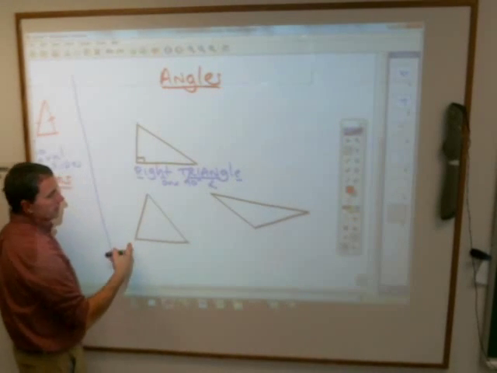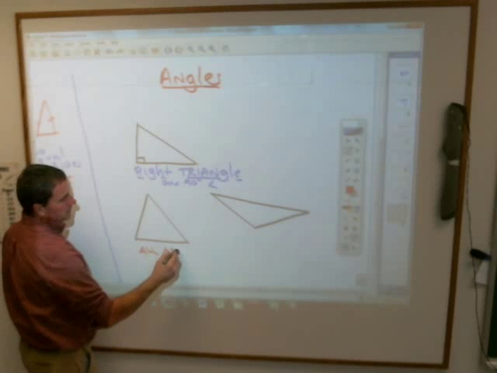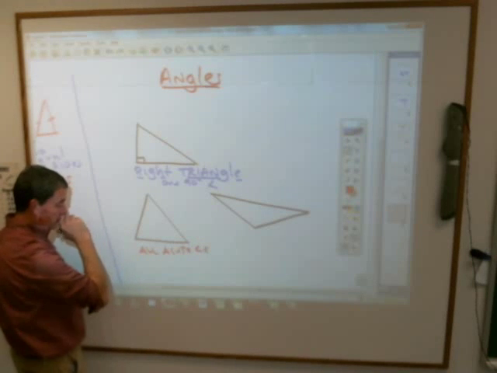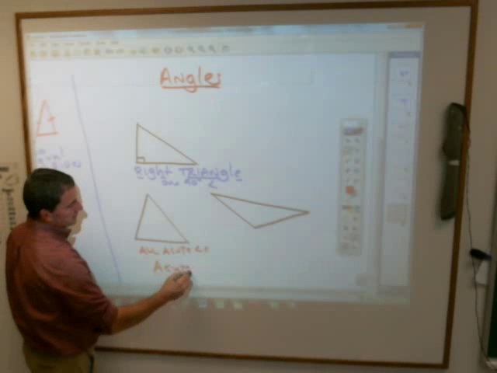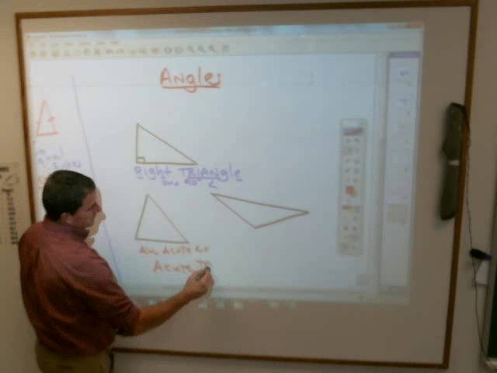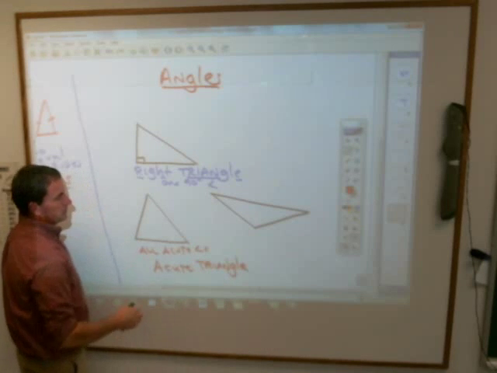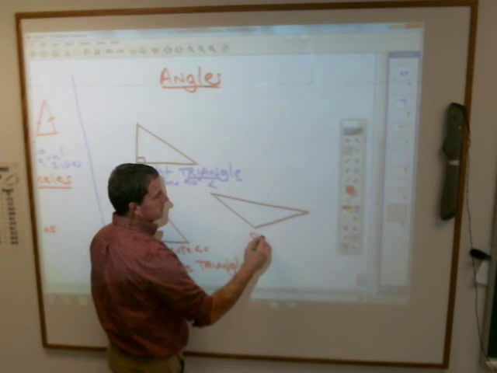If it has all acute angles, it's going to be hard for you to remember this, but it's called an acute triangle. Just like this one that has one obtuse angle.